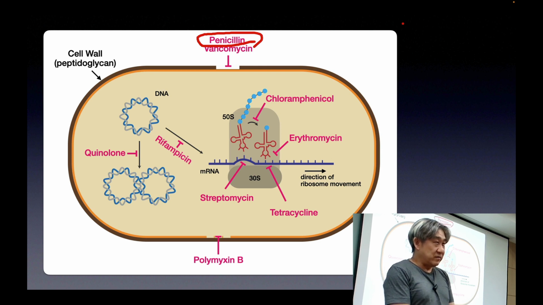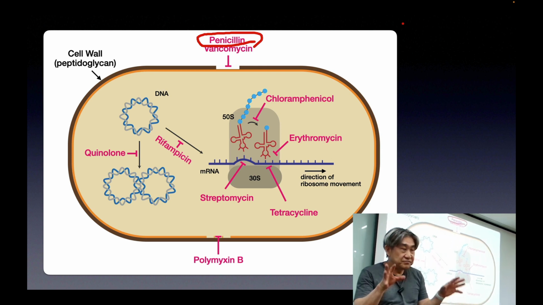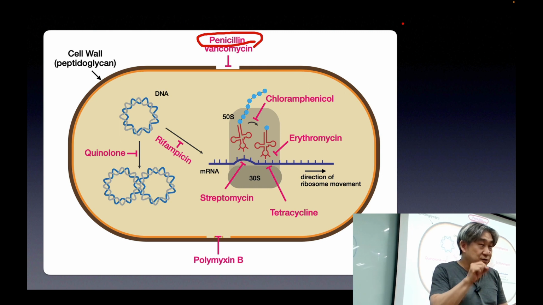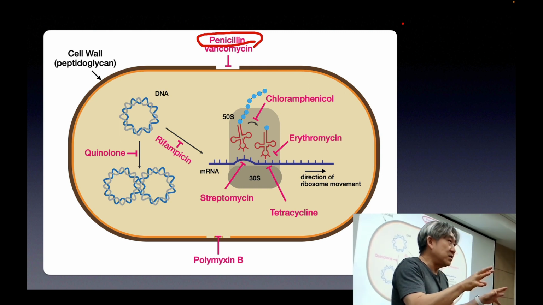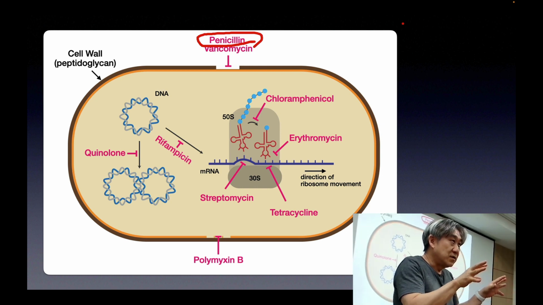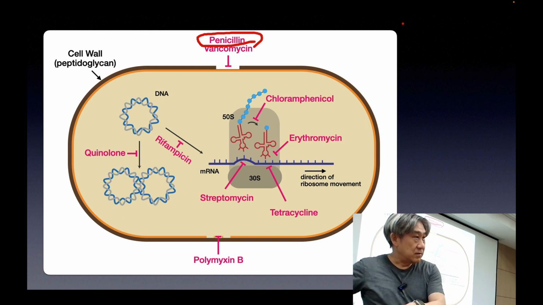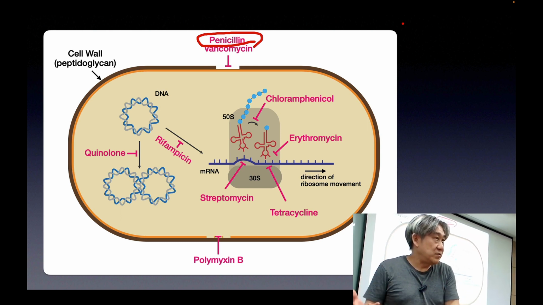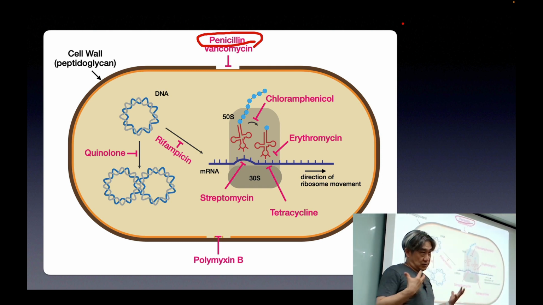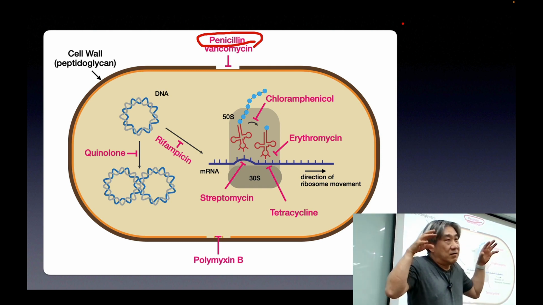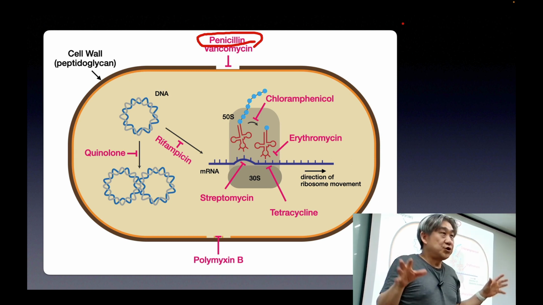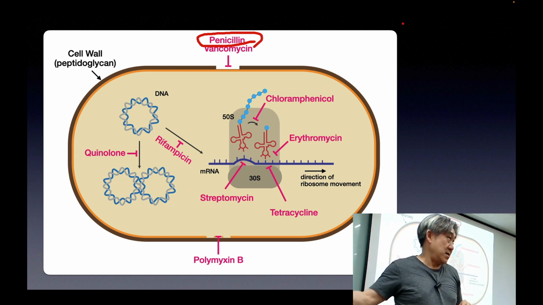The antibiotic, by definition, is a drug designed to kill or inhibit the activity of only the prokaryotes, only the bacteria, leaving the similar activity or metabolism of eukaryotes alone. So eukaryote activity and viability should not be affected by antibiotics.